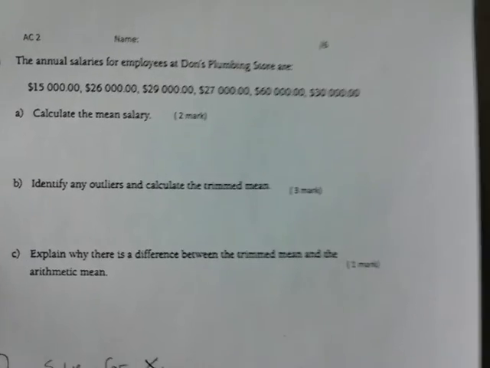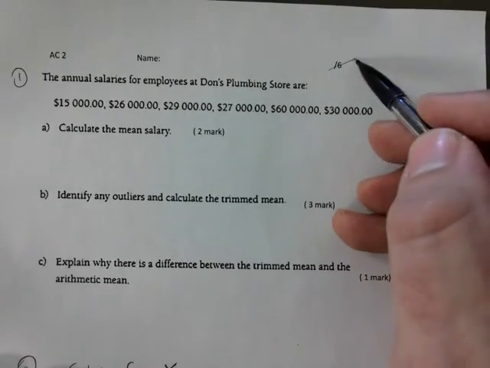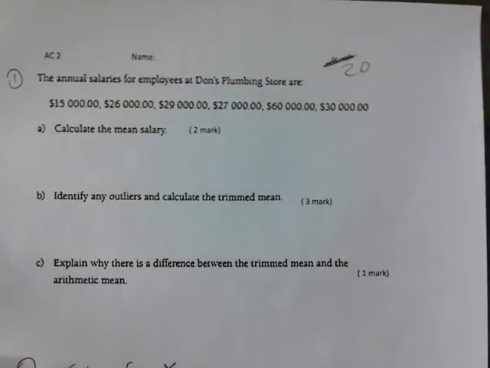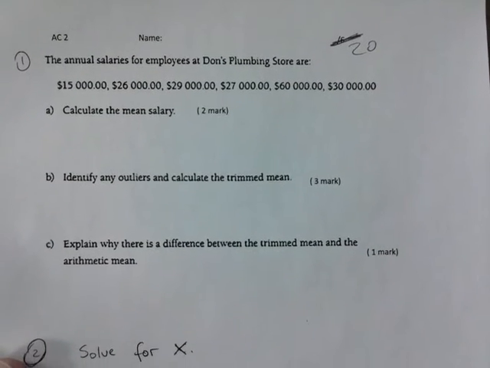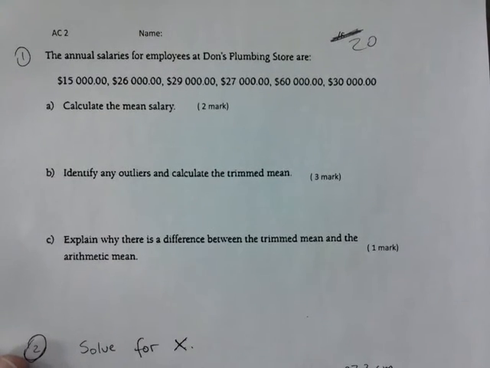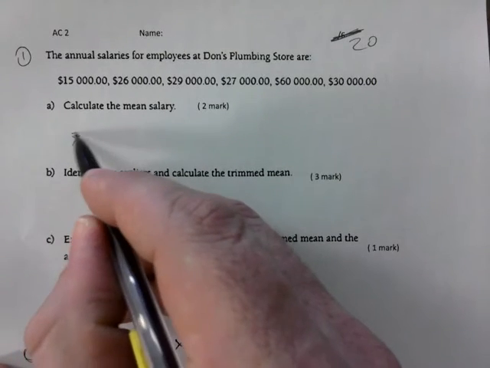So obviously this will be worth 20 when we're all said and done, because I added some questions here. First of all, calculate the mean salary. That should be pretty straightforward.